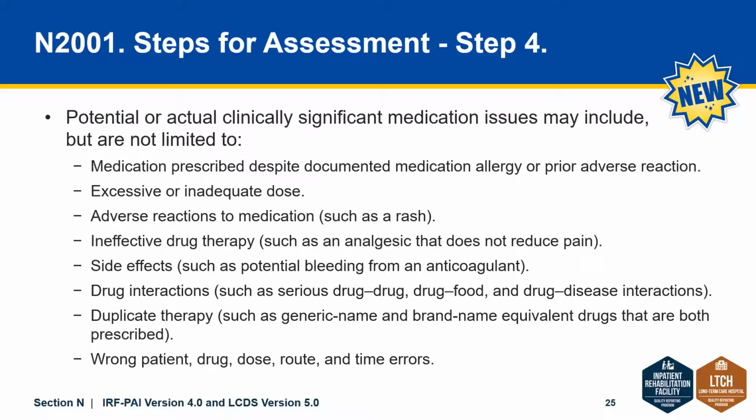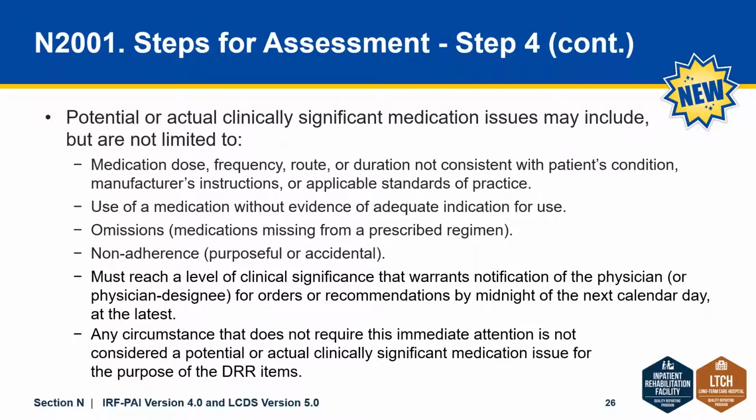Medication therapy that is ineffective, such as an analgesic which is not reducing or controlling pain adequately. Here are some more examples of potential or actual clinically significant medication issues. For example, medications missing from the prescribed regimen. A reminder, circumstances must require immediate attention to be considered.